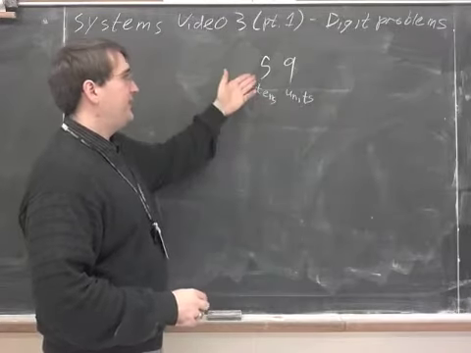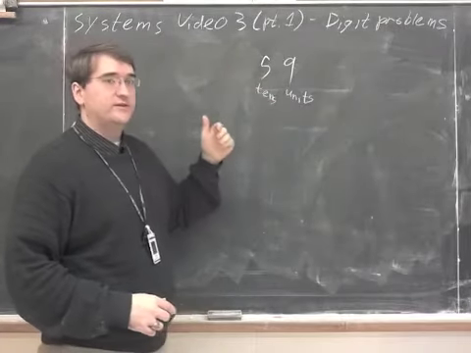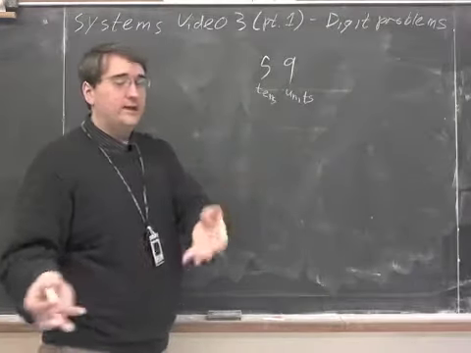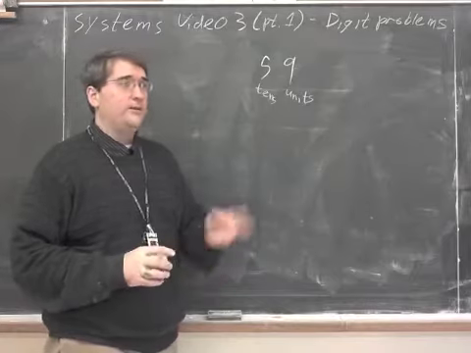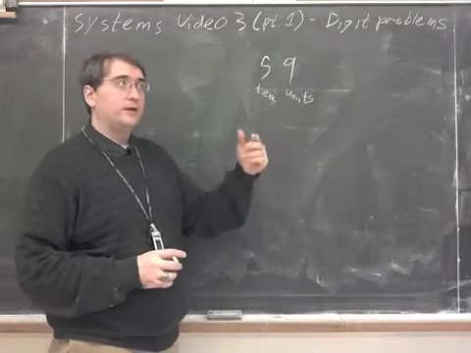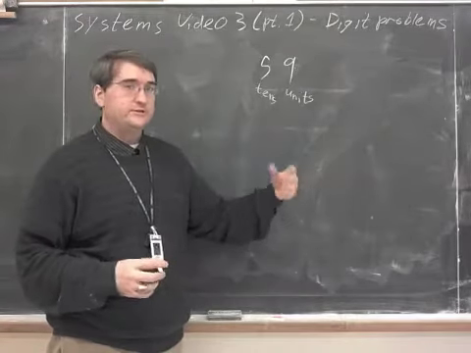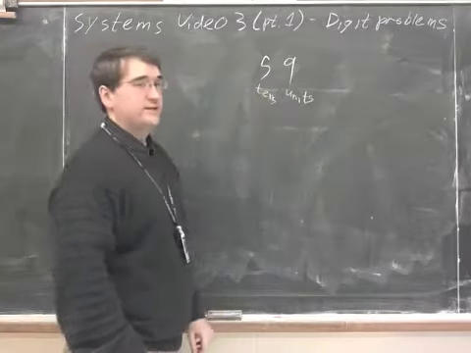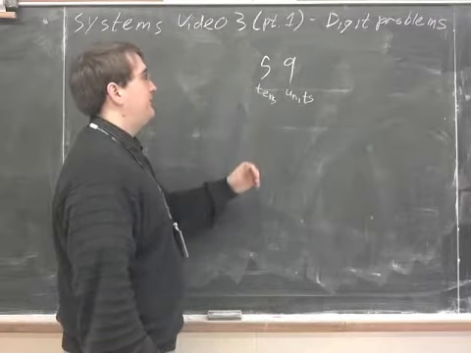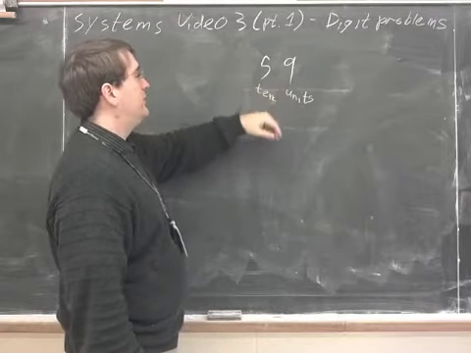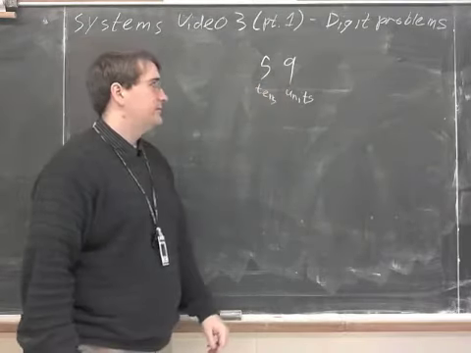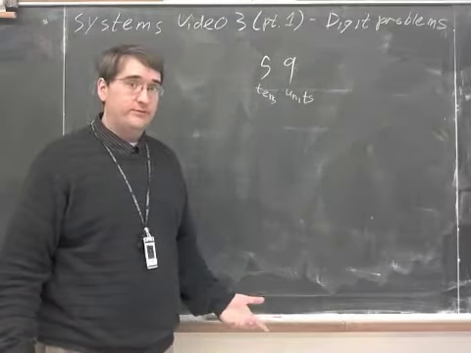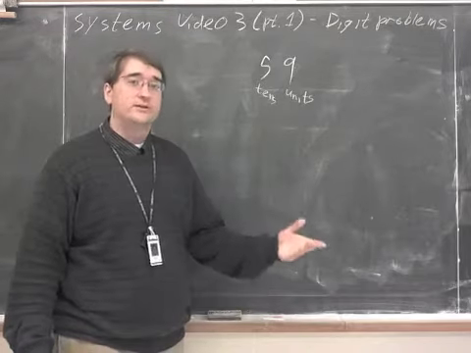So 5 here is the tens digit, 9 is the units digit, and usually when you have a digits problem, there will be some part of it that says, like, the sum of the digits is, in this case, 14, and maybe the units digit is 4 more than the tens digit. Or the number itself is, in this case, 9 more than 10 times the tens digit, or something to that effect. So we need a way of describing the tens and units digit, a variable to call them.